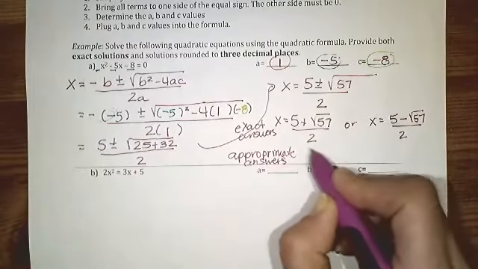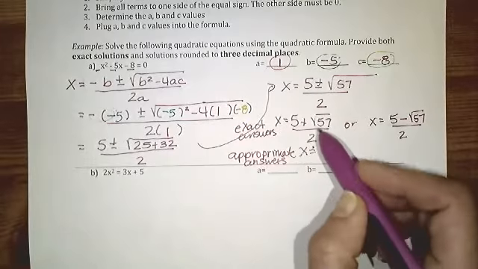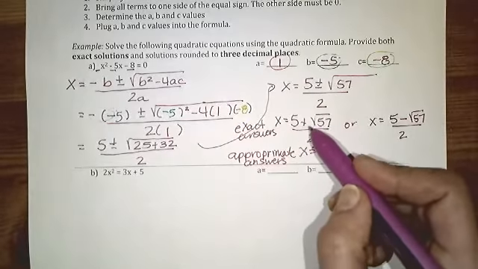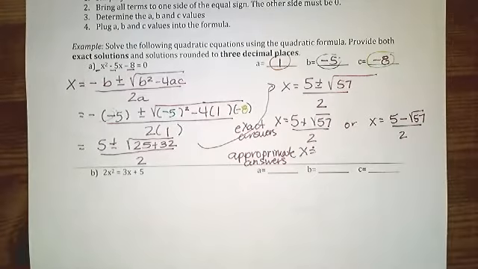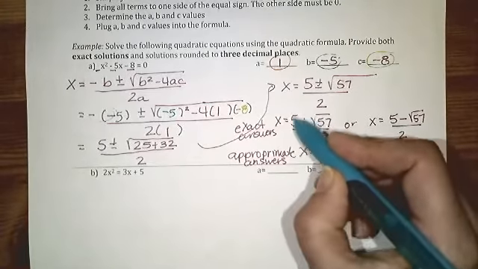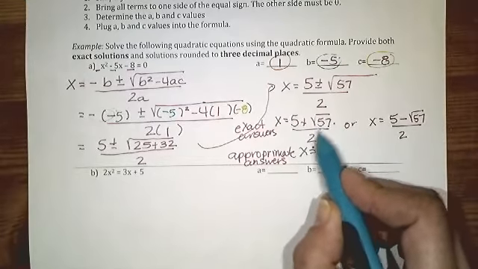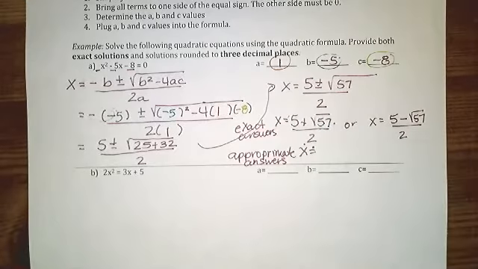So we'll have x, use your approximate sign. In your calculator, you'll put 5 add root 57 divided by 2. You can put this in and then hit your enter button, divide by 2, or you can put a bracket around these to get the correct answer.